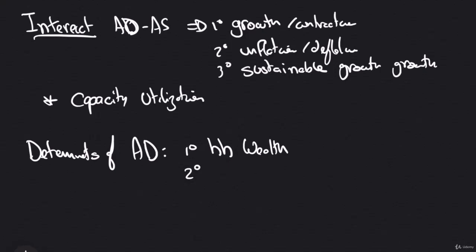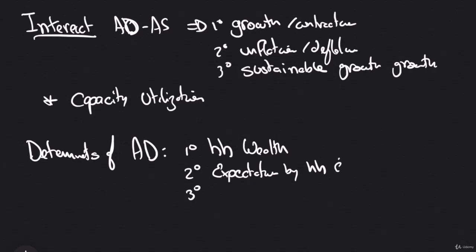The second determinant are expectations by households. So if you think that tomorrow the economy is going to grow and you're going to become wealthier because you have a bunch of stocks or you have real estate and the value of real estate is going up, the expectations of the future also affect how much you spend today. If you know you're going to be richer tomorrow, you might be more likely to go out and buy a new car.